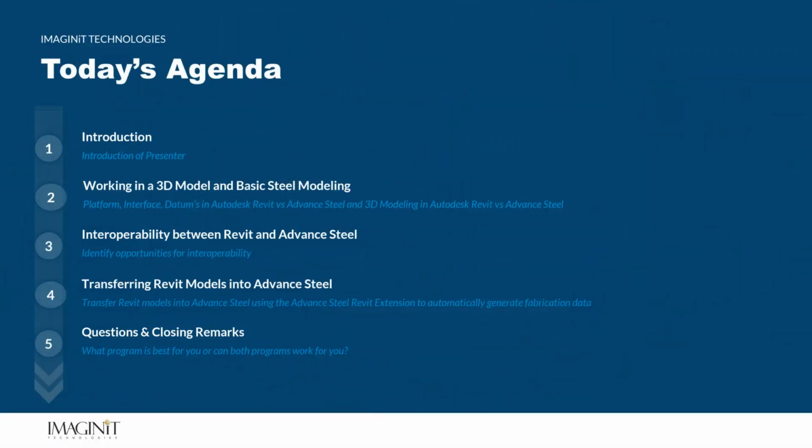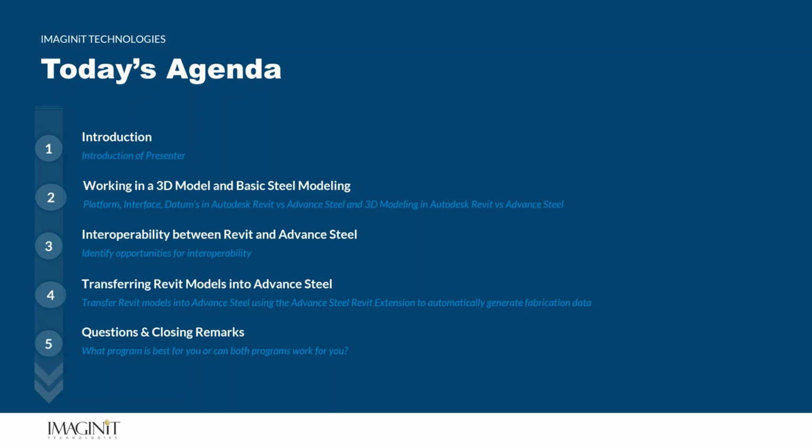Let me go over what we're going to be doing today. I'm going to start with introductions, introduce myself a little more formally, and then we're going to get into working in a 3D model and basic steel modeling tools. I'm going to compare Advanced Steel with Revit, show you the interface and the differences, and then we're going to do some very basic modeling to see the differences between Advanced Steel and Revit.